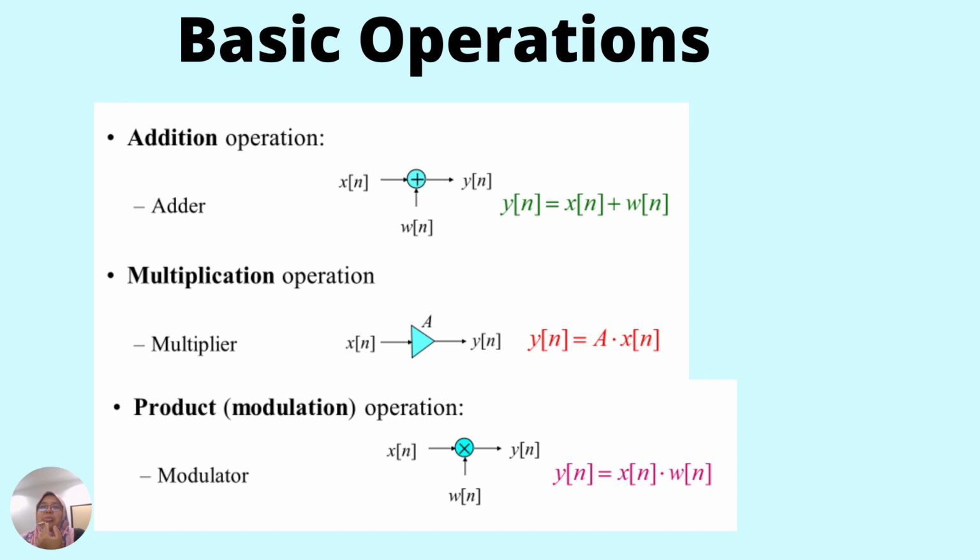This is where a sequence is multiplied with a sequence. The difference is that the multiplier is a constant multiplied with a sequence of numbers, but in a product modulator operation, a sequence is multiplied with another sequence. So that is the difference.